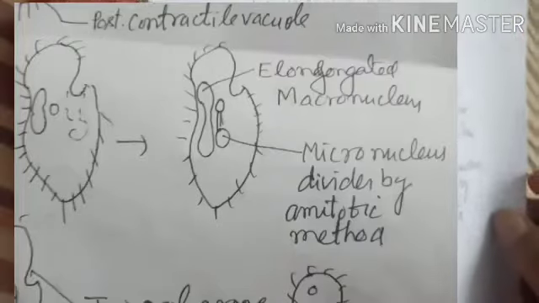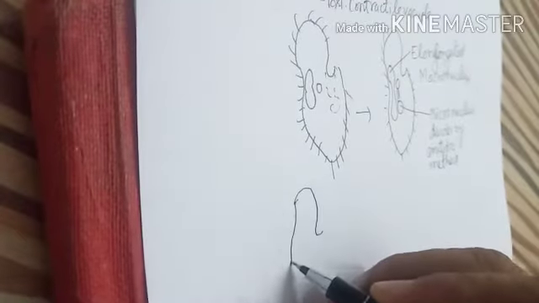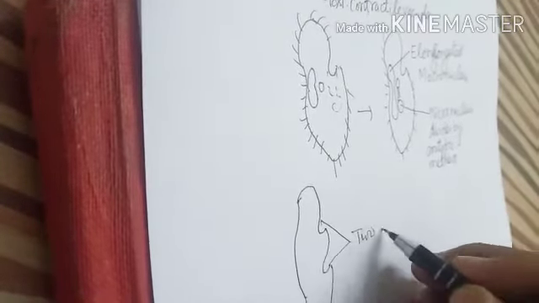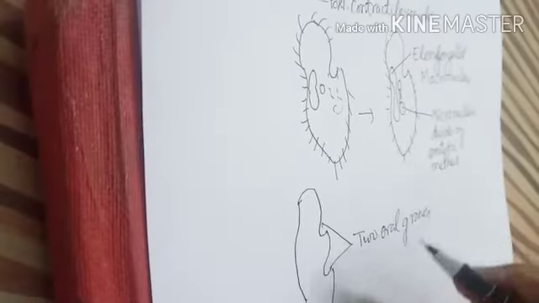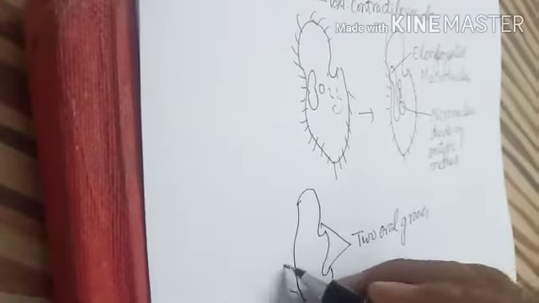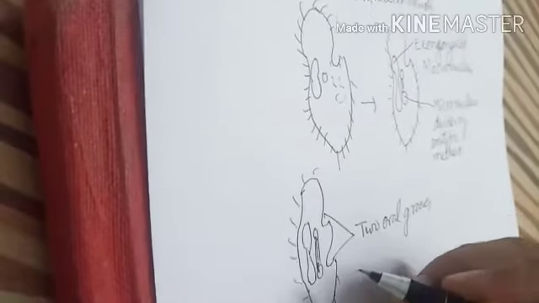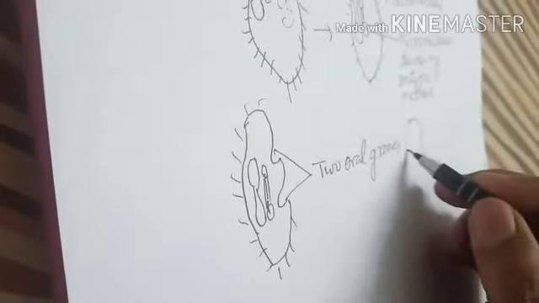Then an oral groove develops in the posterior region. This is another oral groove. Two oral grooves. This macronucleus gets elongated. Micronucleus gets divided into two, and then it is followed by constriction in the middle.